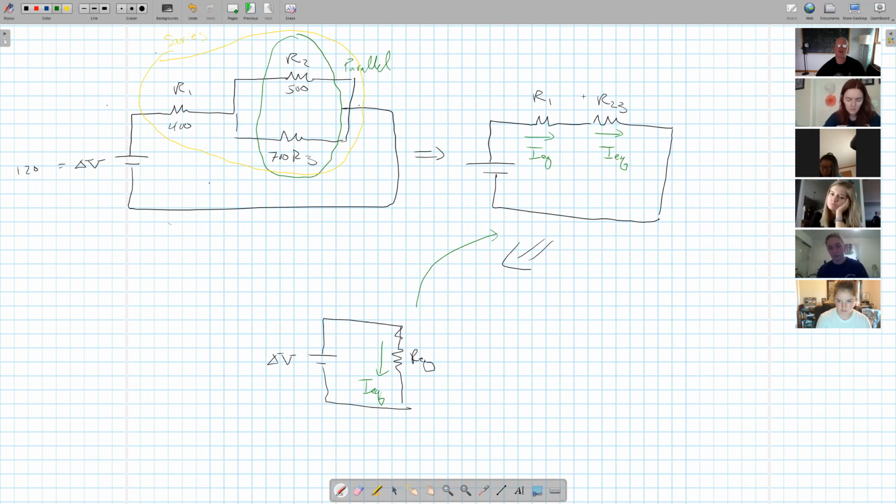Going backwards again, R23 came from two resistors in parallel, which means that what's the same in parallel is potential. The potential across R23 is the same potential across R2, and the same potential across R3.